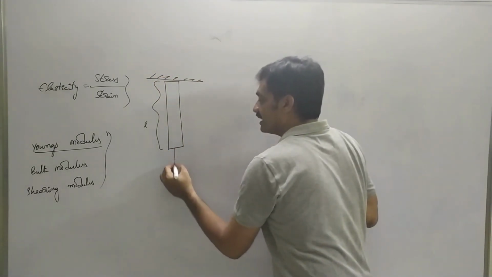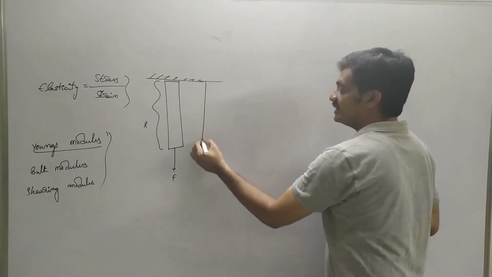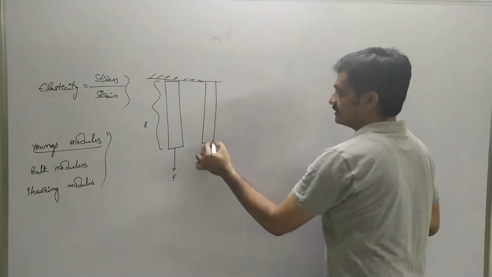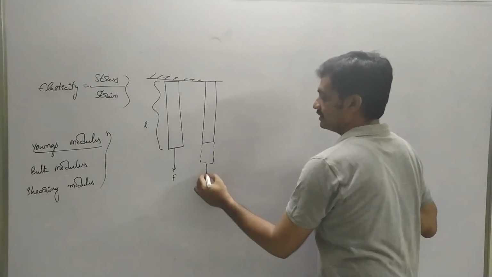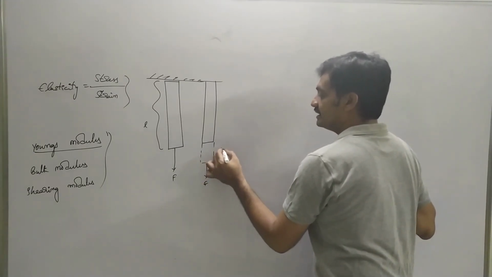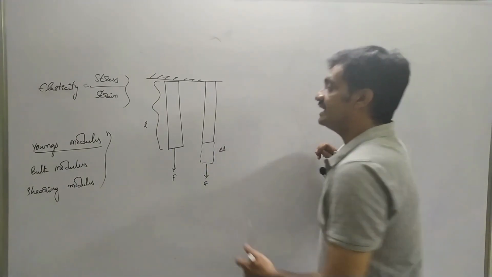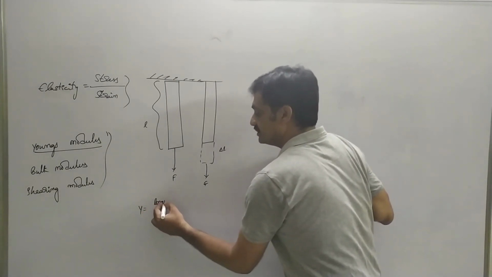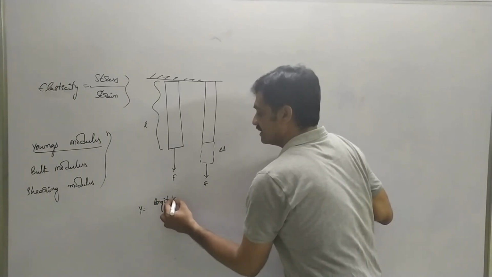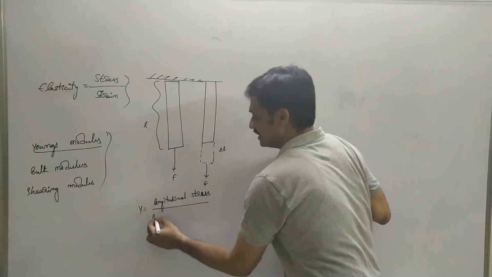Now, by applying a force F, the rod is elongated by delta L. Now, the Young's modulus in this case is represented as longitudinal stress by longitudinal strain.